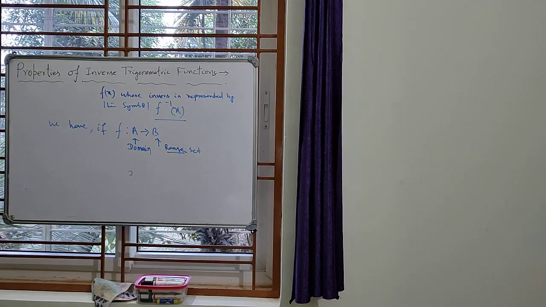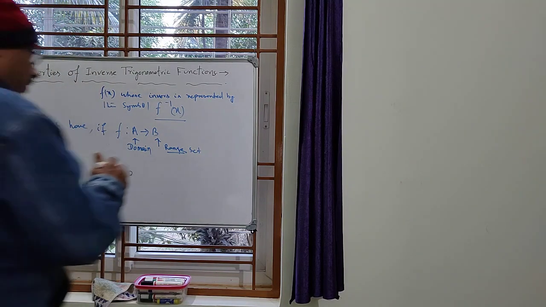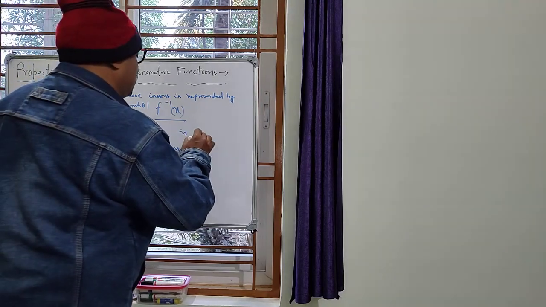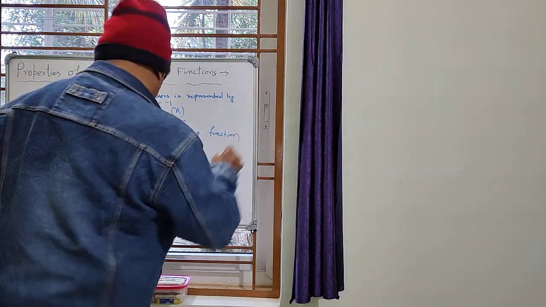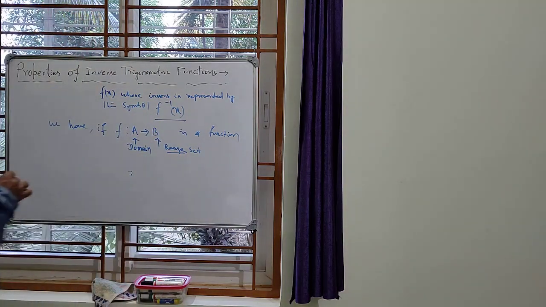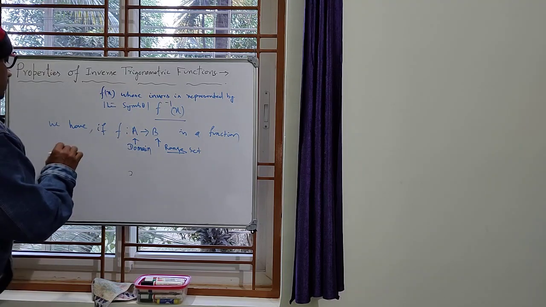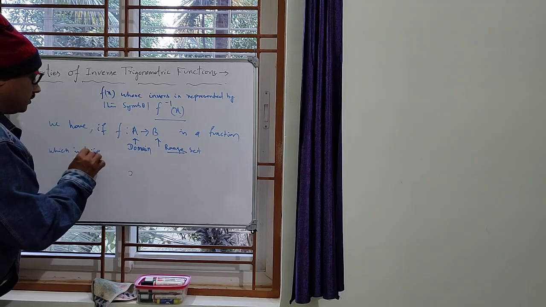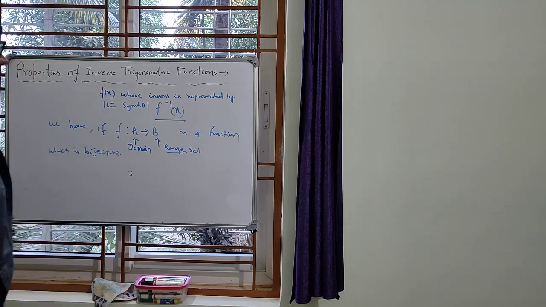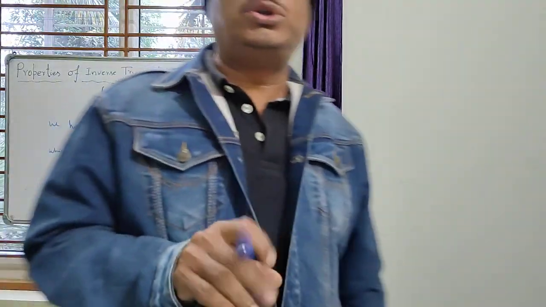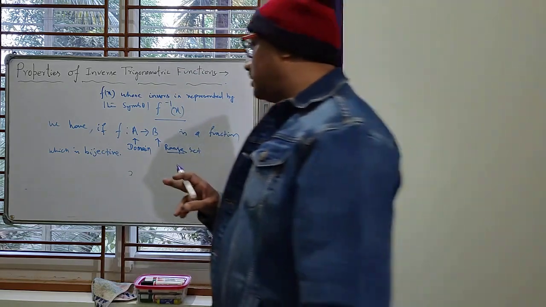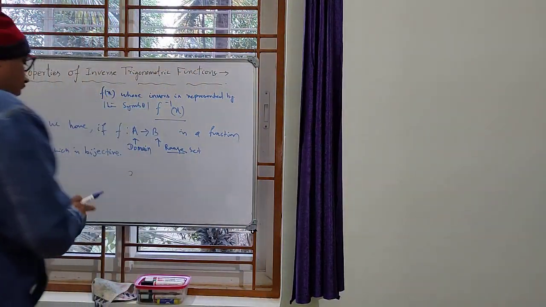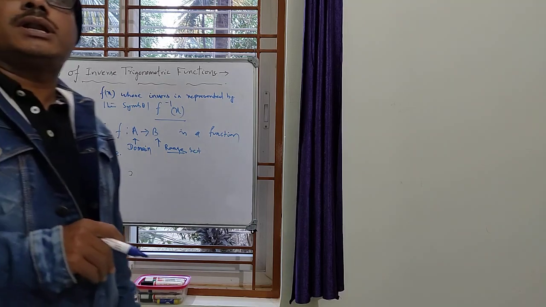It is a function which is bijective. Bijective means the function is both one-one and onto. The function is bijective if and only if the function is one-one and onto.